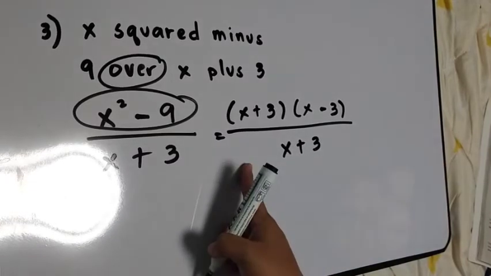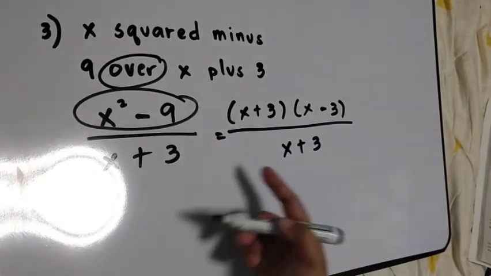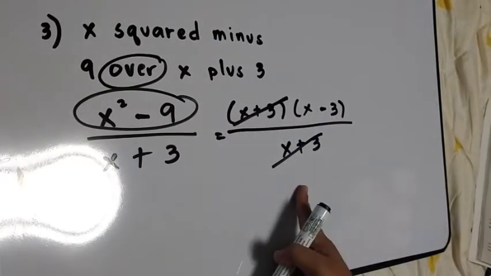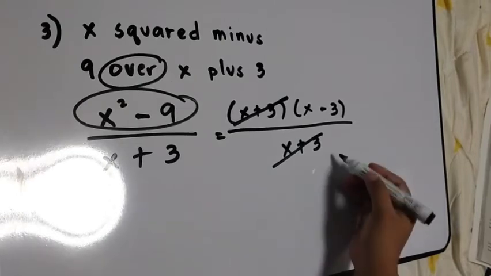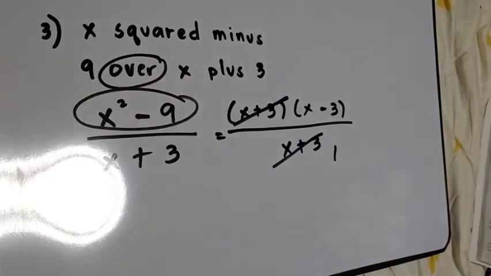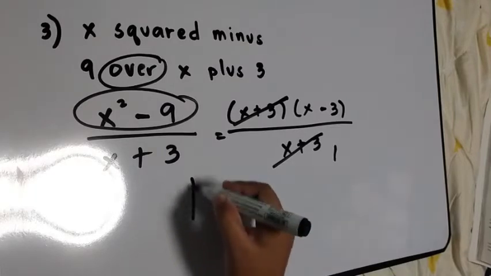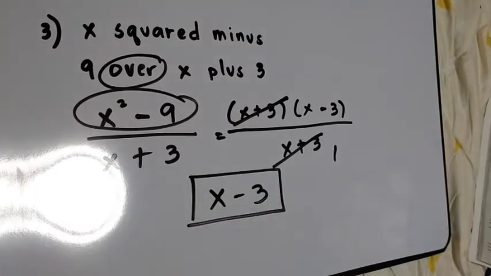So, if you will notice, you have now a common factor which is x plus 3. So, cancel na yan. Now, ano matitira sa denominator? That is 1. So, we have x minus 3 over 1, or simply, our answer will be x minus 3. Nakita nyo, di ba? Na-apply natin yung iba't ibang klase ng factoring dito sa rational expressions.